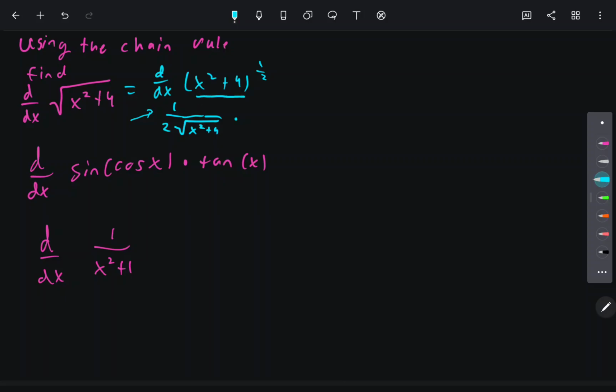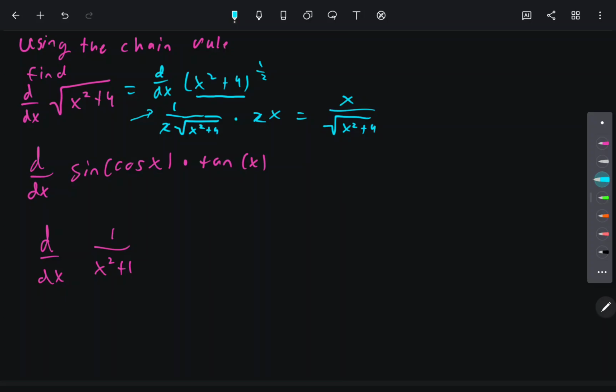The derivative of x squared plus 4, that's just 2x. This 2 and this 2 will cancel. So we're just left with x over the square root of x squared plus 4. And that's our answer.